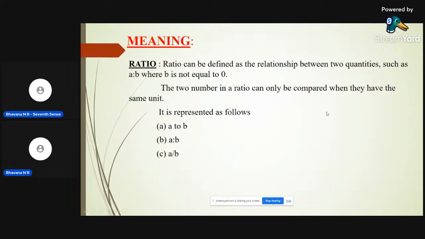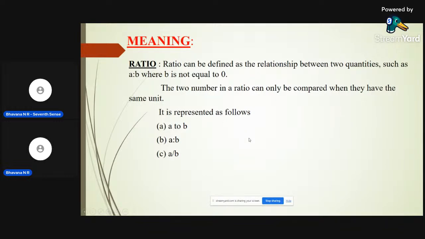Ratio can be defined as the relation between two quantities such as a is to b, where b is not equal to 0. So that means a and b have some values, but b should not be equal to 0. The two numbers in a ratio can only be compared when they have the same unit.